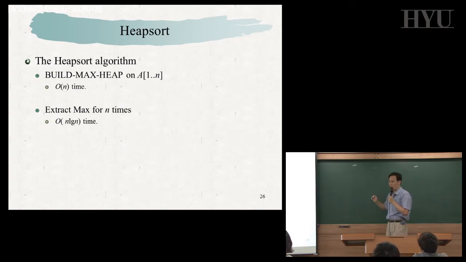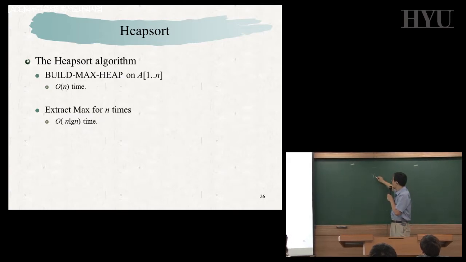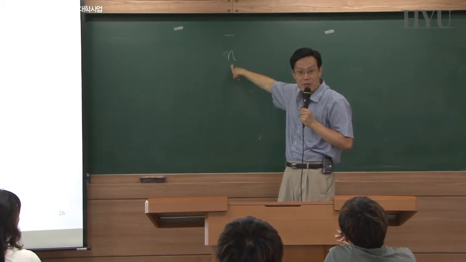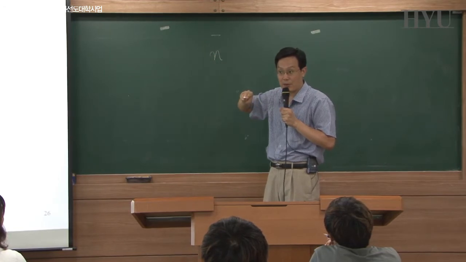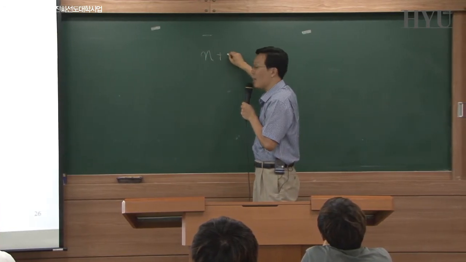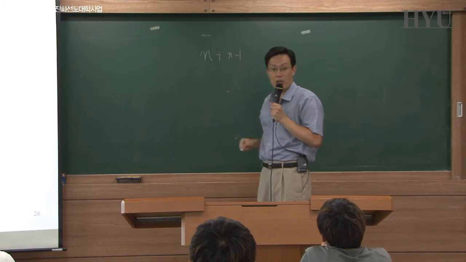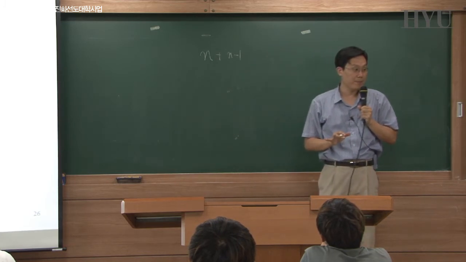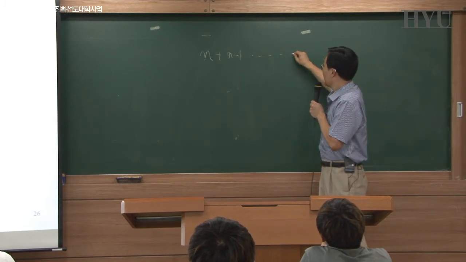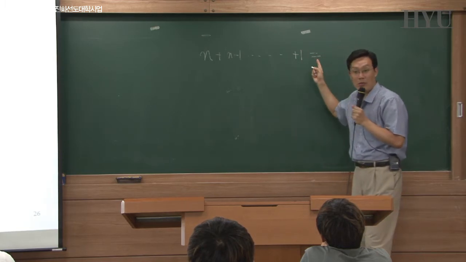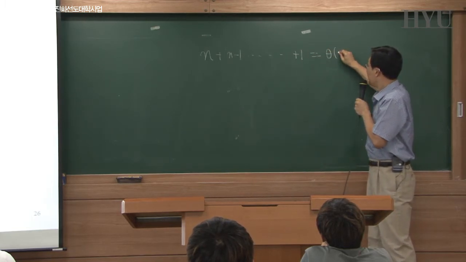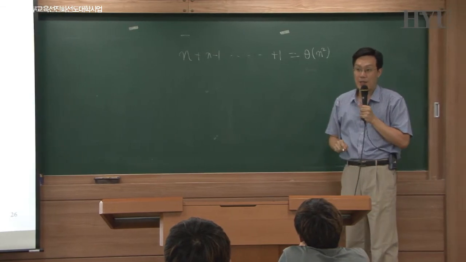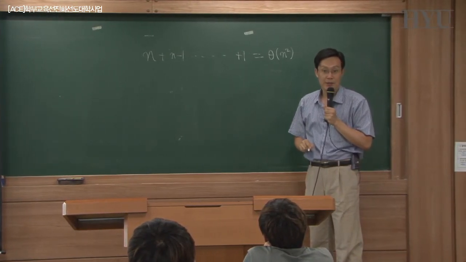In selection sort, we first need n operations to find the maximum element. And then n minus 1 operations to get the second maximum. So the summation is theta of n squared.